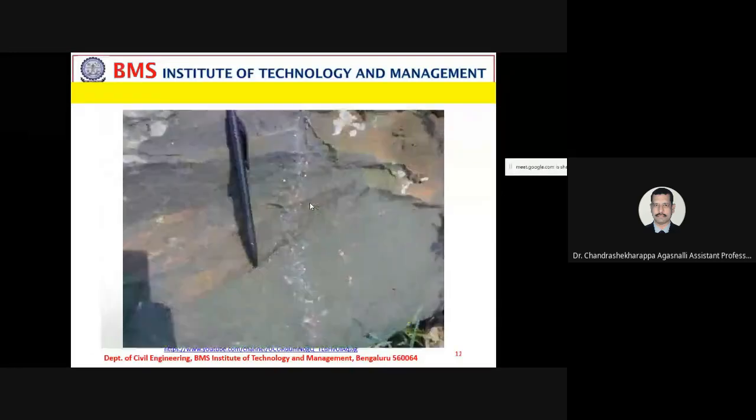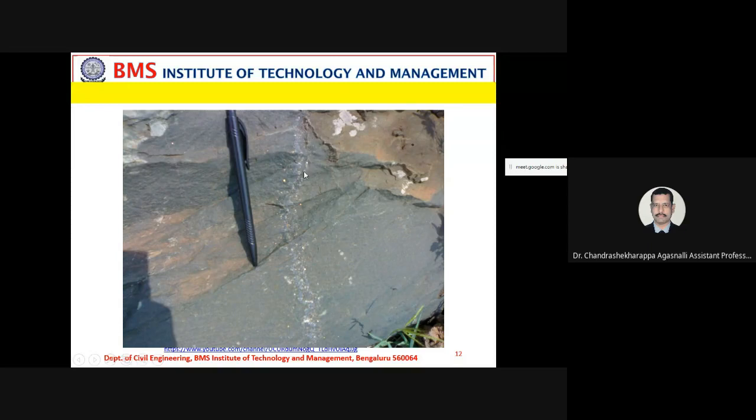And we call this a metabasalt. The basalt is partially metamorphosed, partially altered to some other rock. That's called a metabasalt. Here the thin vein of quartz is not exactly visible, but there are some yellow grains, which are called pyrite.